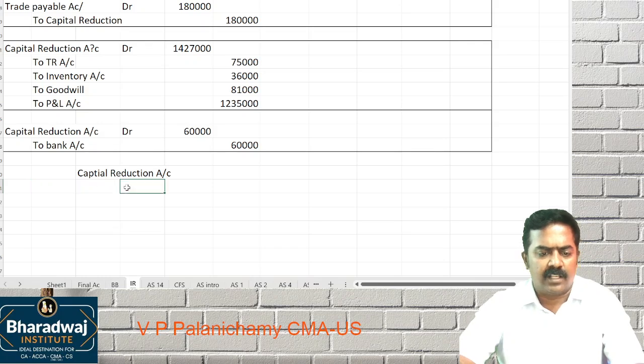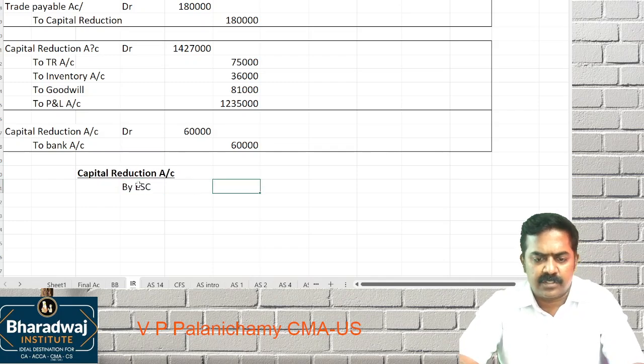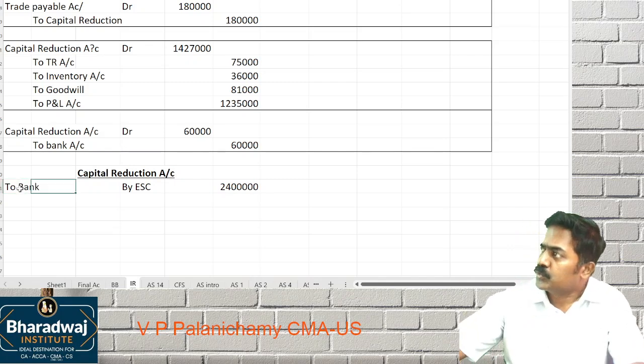Capital reduction account. Tell me the amounts, to and by. By equity share capital, how much? Second entry, 1 lakh.